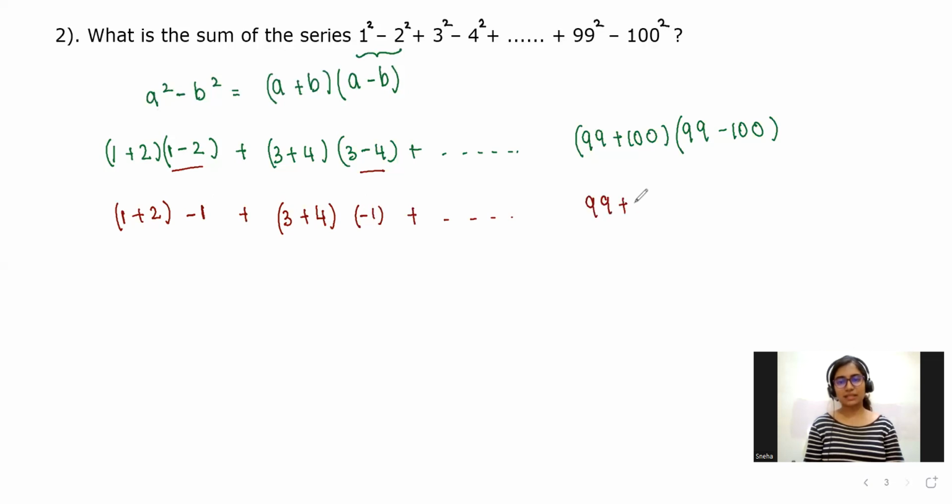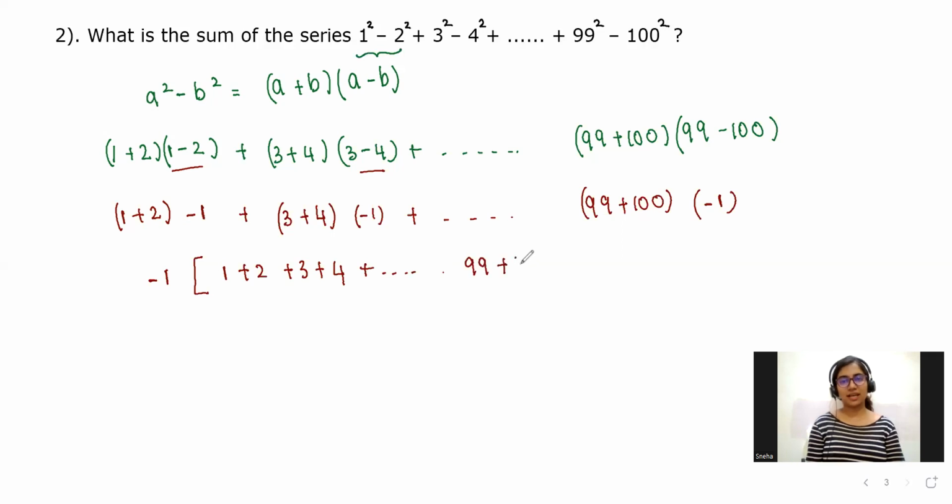So (99 plus 100) into -1. I'm trying to do it in a shortcut way. Okay, yes. Now, see all the terms has -1. So what we could do, we could take -1 common. If we take -1 common, what do we get? We get 1 plus 2 plus 3 plus 4, and it goes on up till 100, right? 99 plus 100.